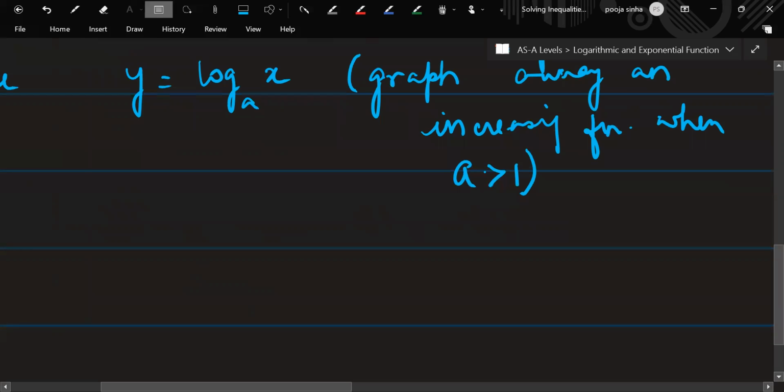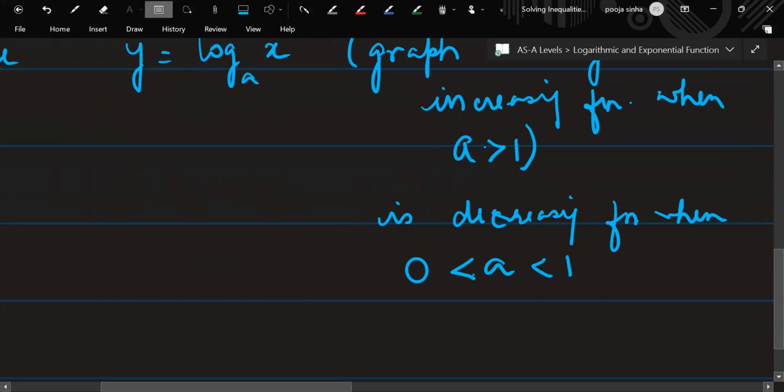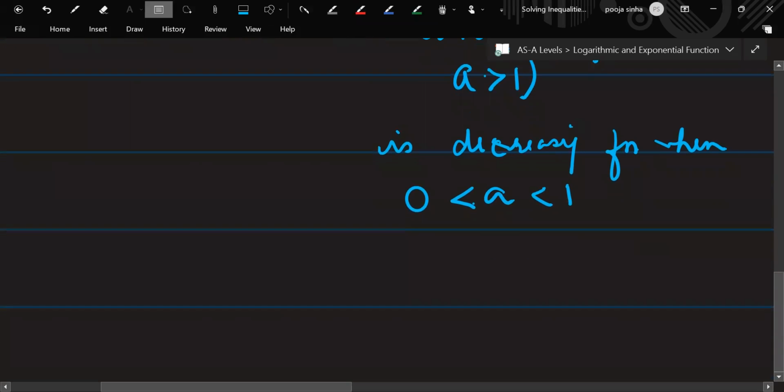The graph is a decreasing function when the value of a is less than 1 and greater than 0. All right.